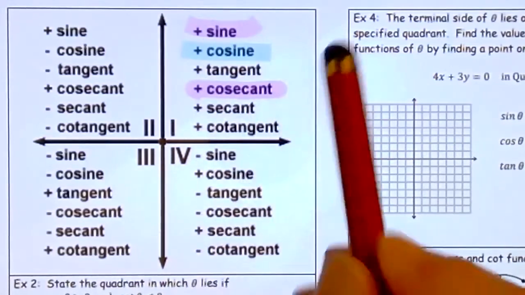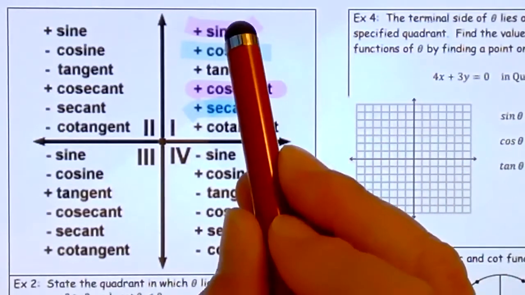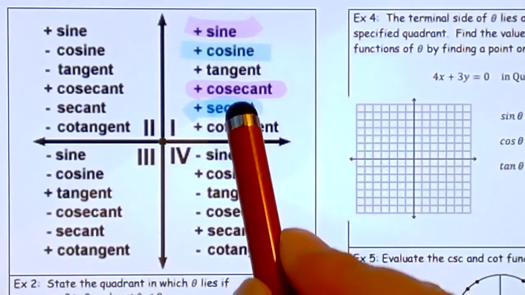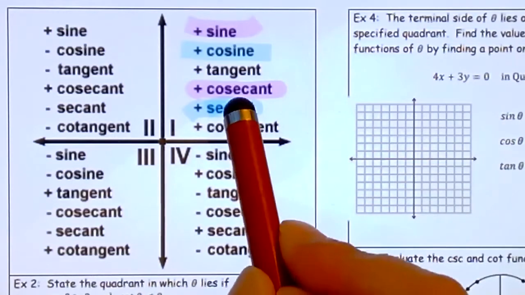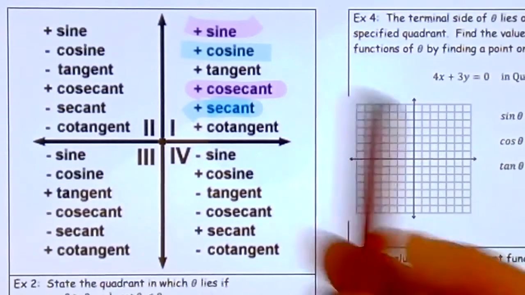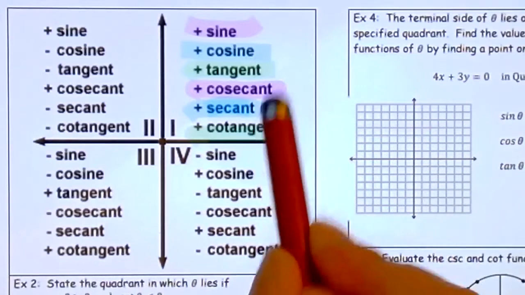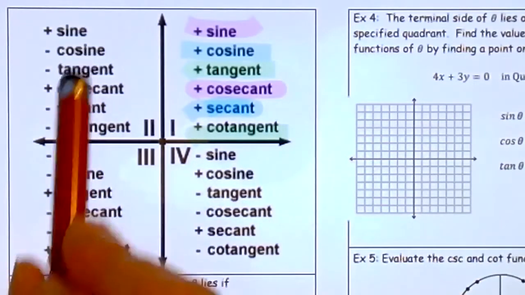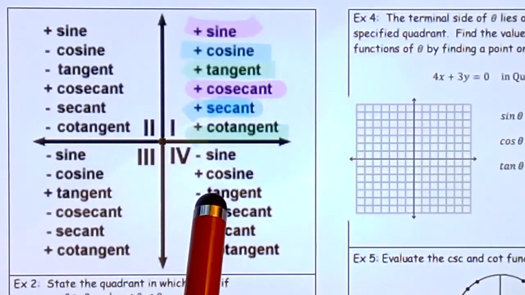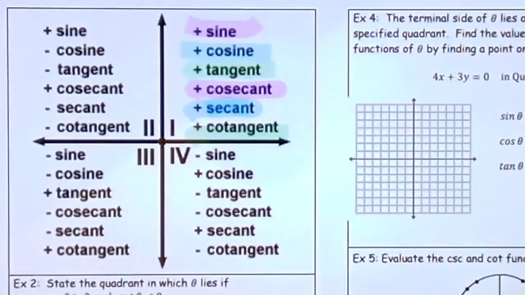Whatever sign your cosine is, so is your secant. Your cosecant is 1 over sine, and your secant is 1 over cosine. And then our tangent and our cotangent, since those are reciprocals, they're going to have the same sign. And that's the same in each of these quadrants. So this is just listing all 6 of them. But again, as long as you know your sine, cosine, and your tangent, I think you're good to go.